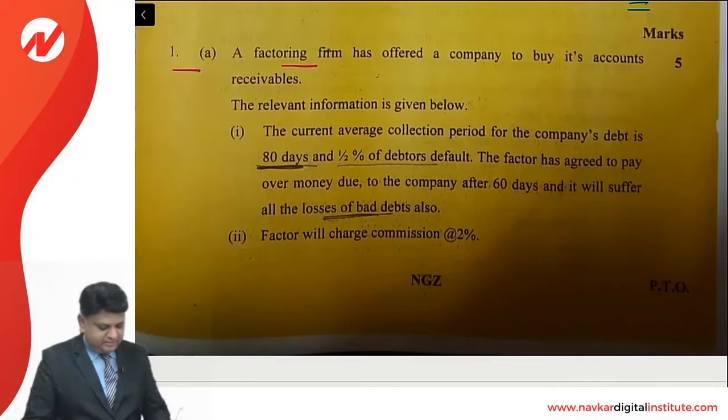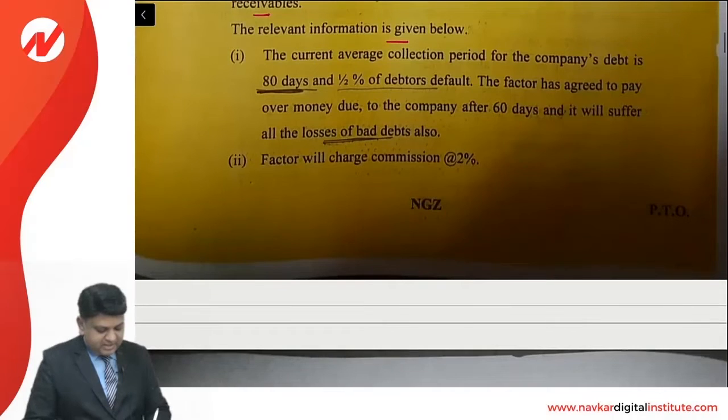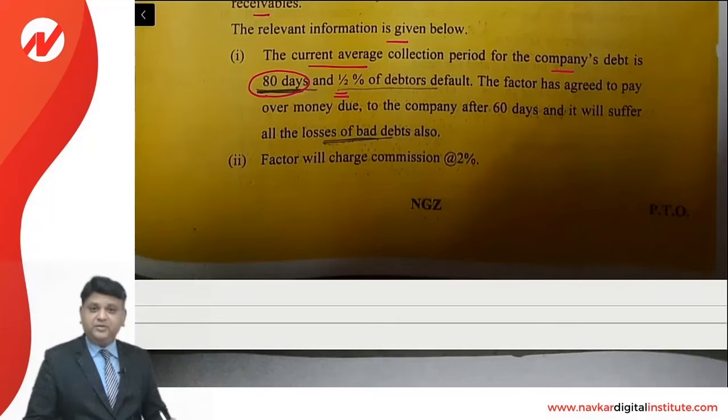A factoring firm has offered a company to buy its accounts receivable. The relevant information is given below. The current average collection period of the company's debt is 80 days and 0.5%, that is 1/2% debtors default.